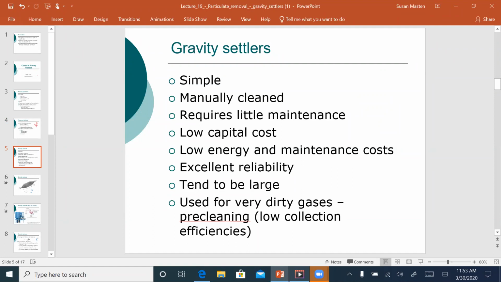You need to be able to slow those gases down to very low velocities in order to get particles to settle. They're often used for very dirty gases, so for pre-cleaning, because they don't have the highest collection efficiency, and then those particles can go into a secondary process.